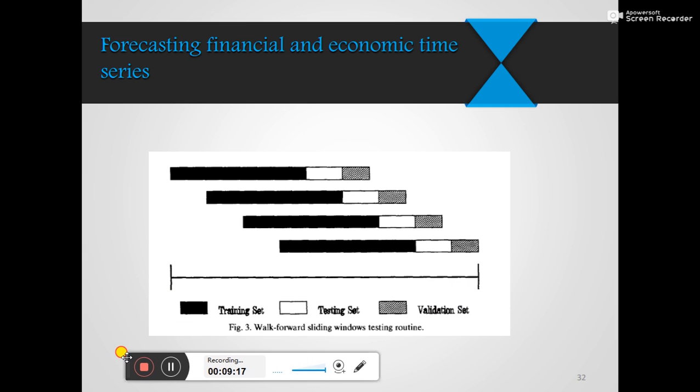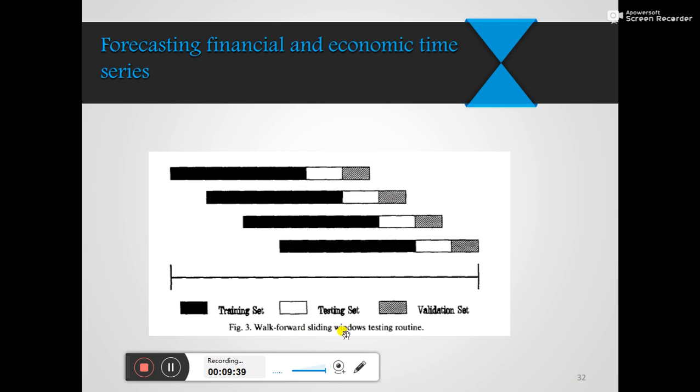So here you can see the walk forward sliding windows testing routine. Suppose this is the data, then you select this part as the training set, this part as the testing set, and this part as the validation set. But in the next loop, when the time moves forward, you need to go for shifting.